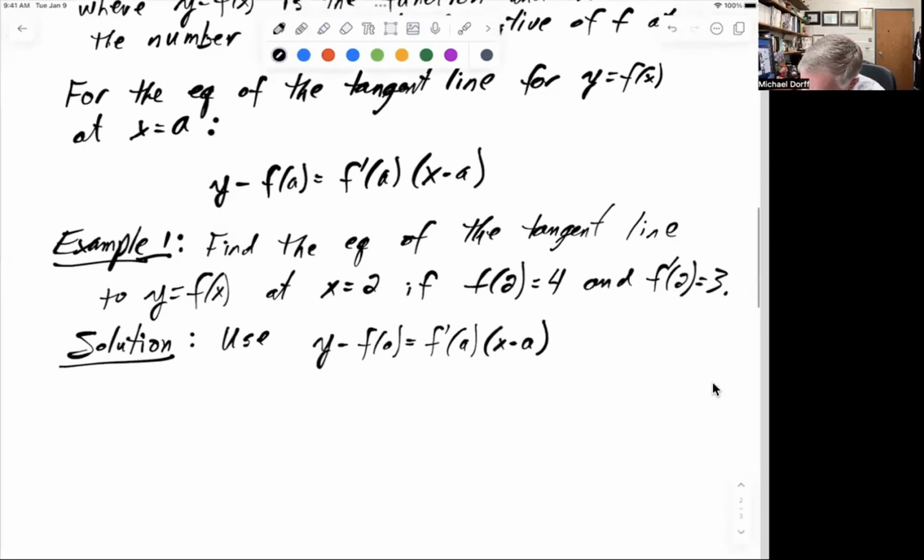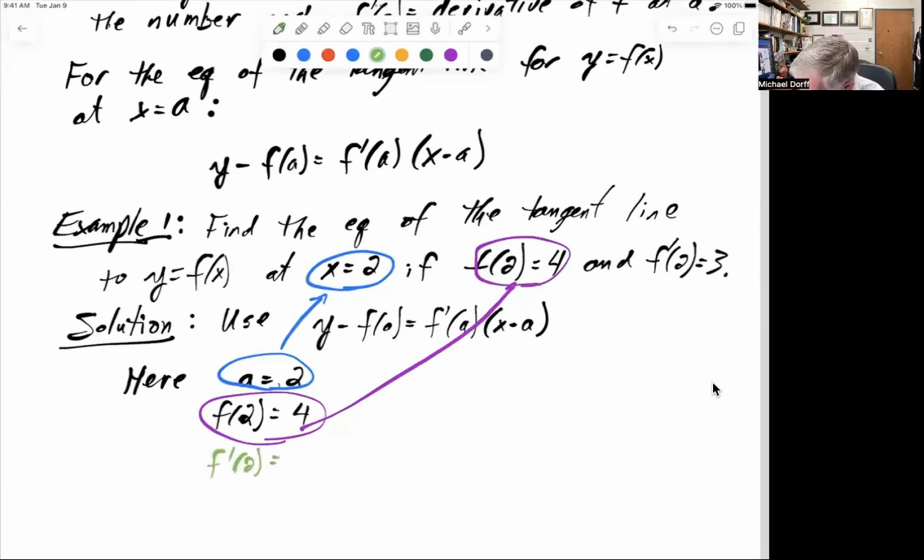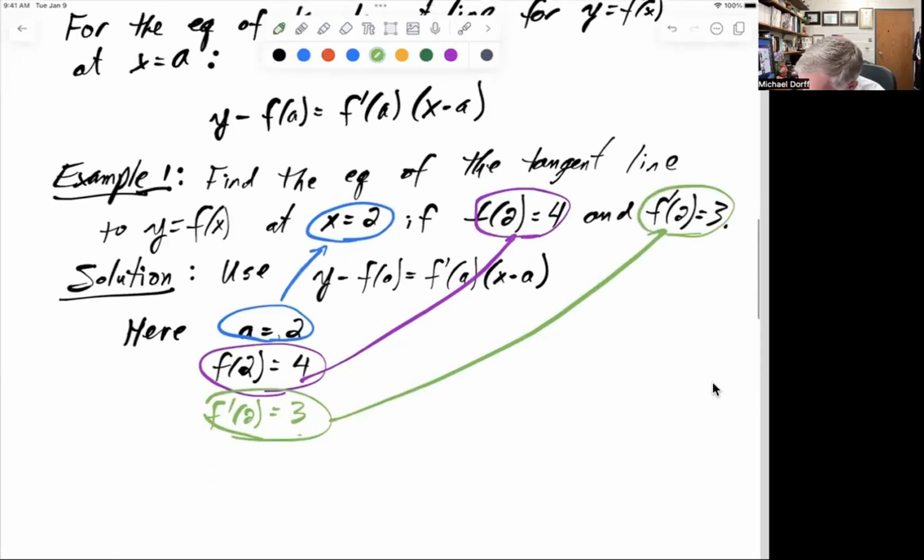They don't tell us what a is, but they do tell us right there. a is 2. Then we have f of 2 is 4 coming from here, and we have the derivative is 3, and that comes from this part right there.